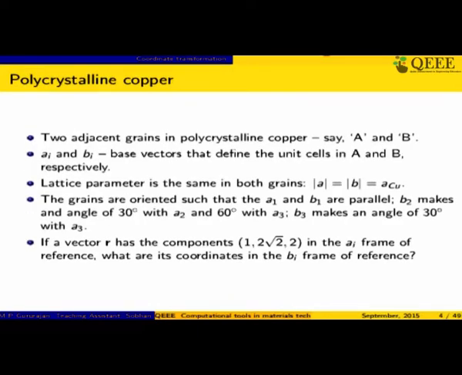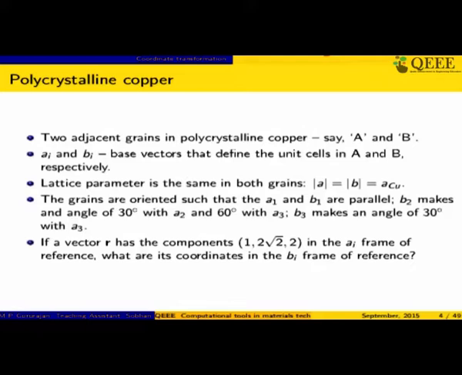Let us consider any material. An example I have taken here is polycrystalline copper. Polycrystalline because we know that crystals like metals like copper or gold, etc., have a crystal structure, and the crystal structure is defined by the unit cell.